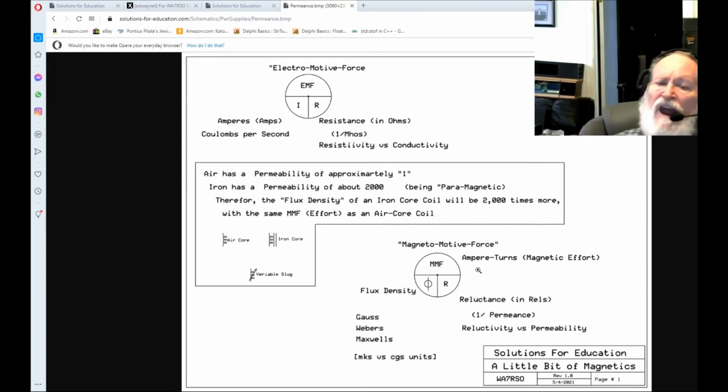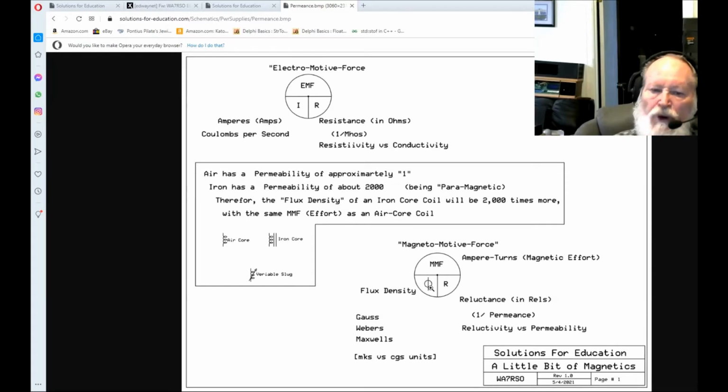Now, this is an effort. Think of it like voltage is an effort. Now, just because I got 12 volts, that doesn't mean I'm going to have 15 amps. It depends on the amount of resistance. Well, down here is how much flux there is, and that's the Greek letter phi. I wanted to put in the lowercase, which is really more proper.